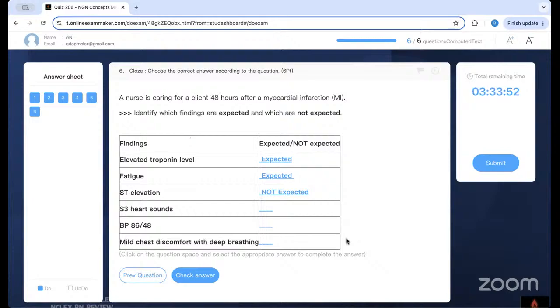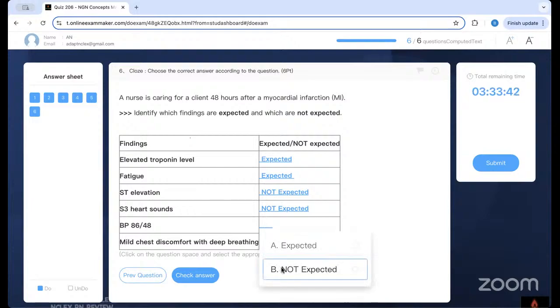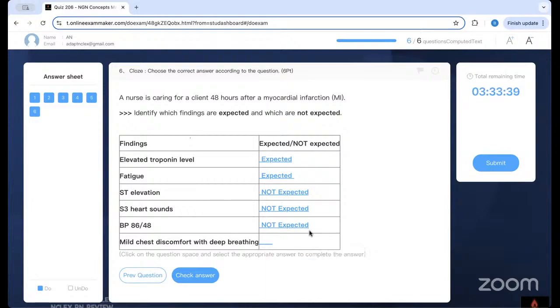If you have an S3, that means you have heart failure now. That is bad. And if your blood pressure is low, it means you have heart failure. If you have small chest pain, you probably have pericarditis. That is something you can see in a patient 48 hours after myocardial infarction.